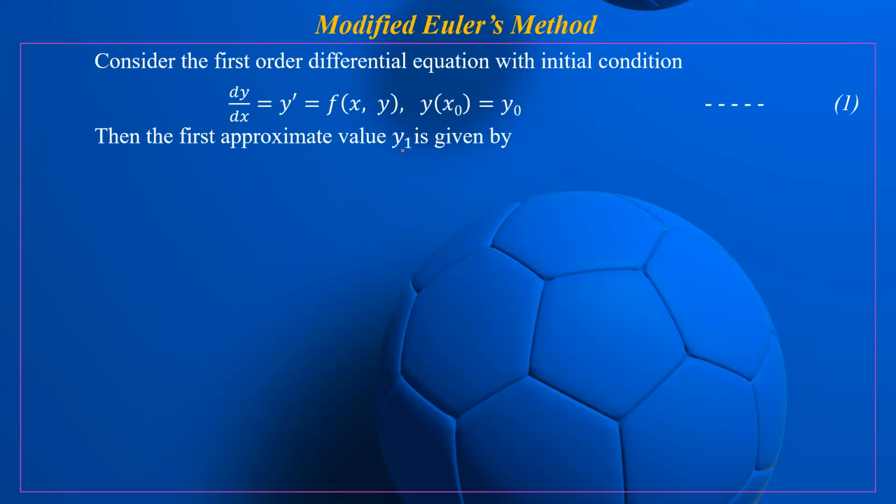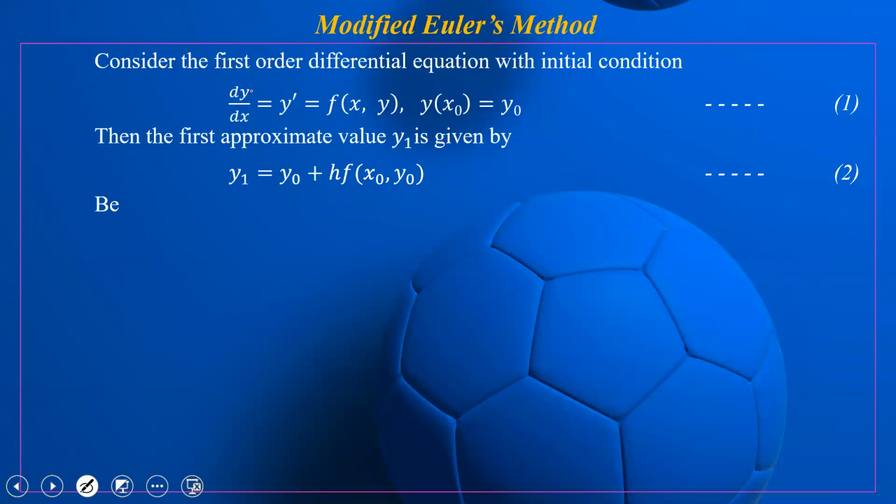Let us see. Consider the first order differential equation with initial condition dy/dx = y' = f(x, y), and y(x0) = y0 is the initial condition. Then the first approximate value y1 is calculated by the same method as in Euler's method.